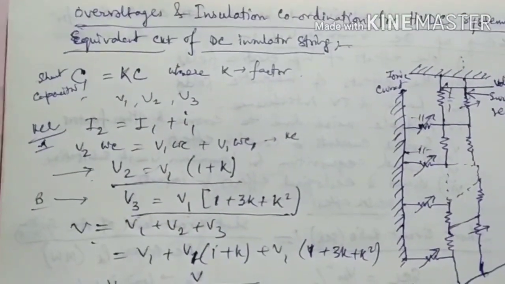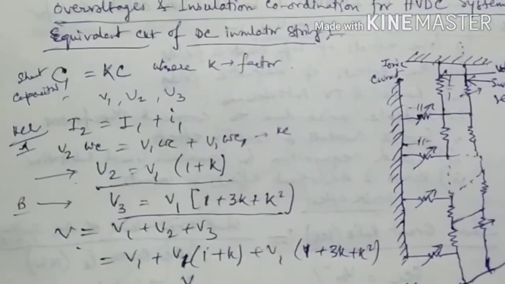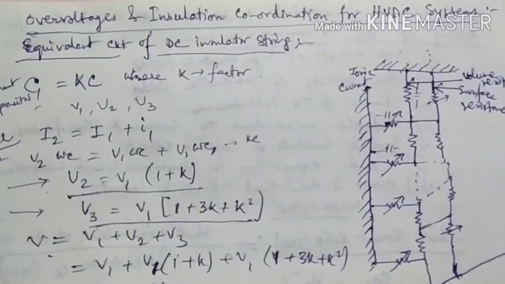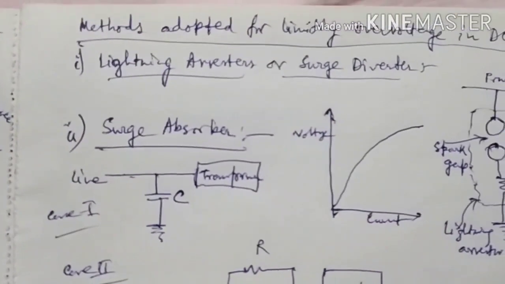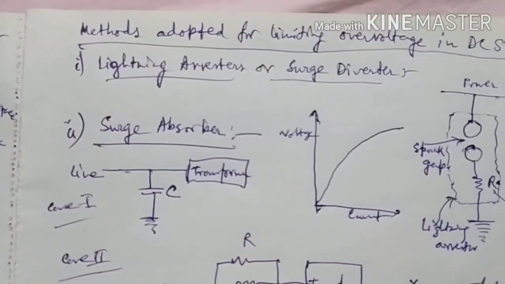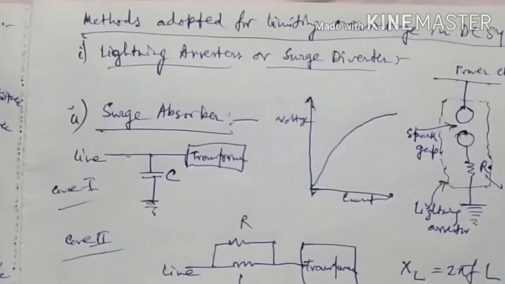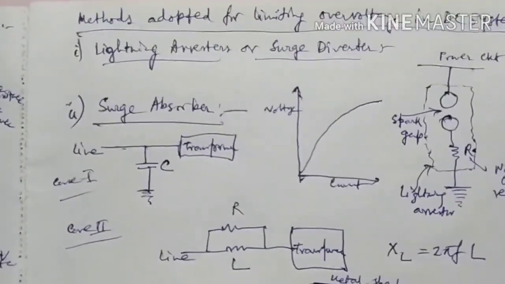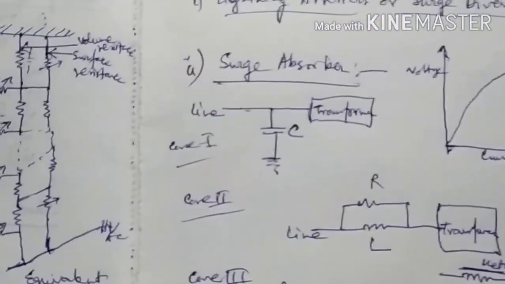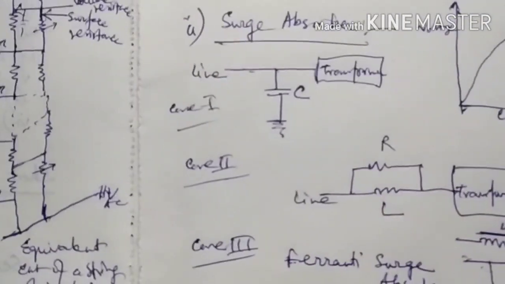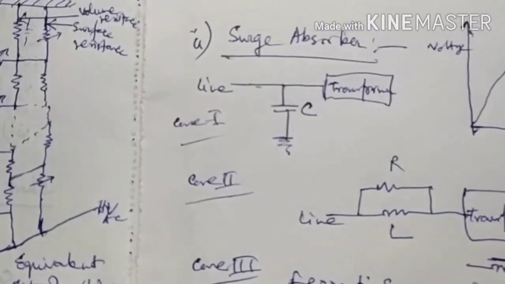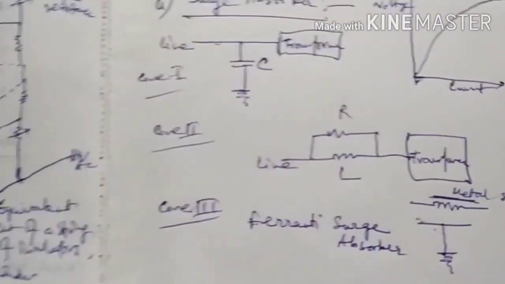First of all, I discussed the equivalent circuit of the DC insulator string and insulation coordination in HVDC system, and the last one is methods adopted for limiting the overvoltage in DC system, like surge lightning arrestor or surge diverter and surge absorber.